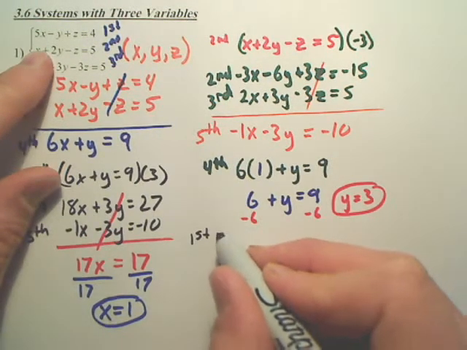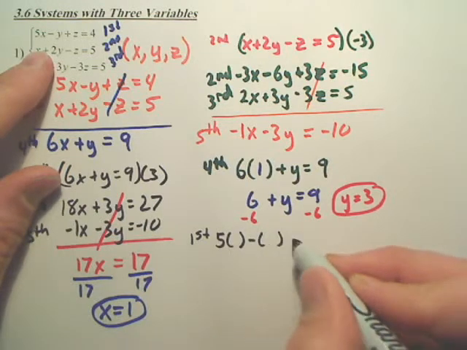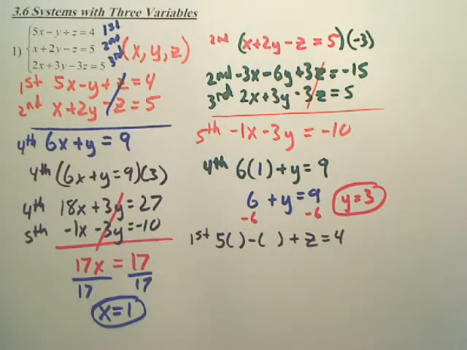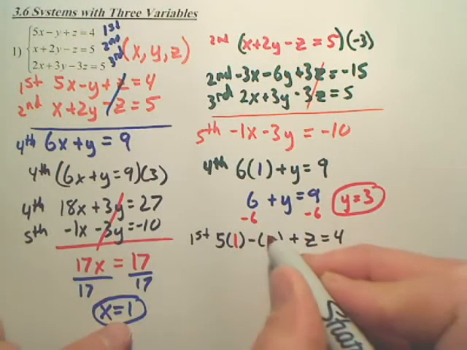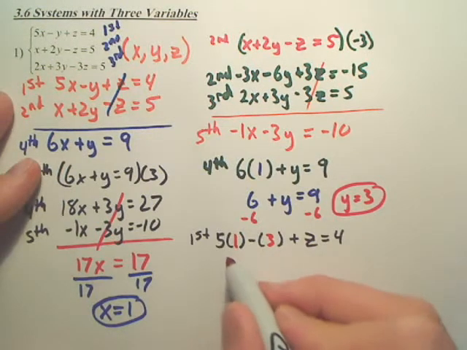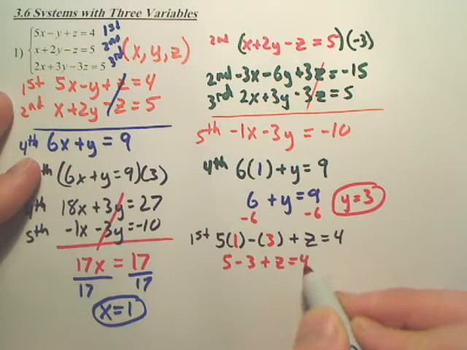Real quick here. 5x minus y plus z equals 4. And what was x? X was 1. Y is 3. Can we easily find z now? Yeah. So that's 5 minus 3 plus z equals 4.